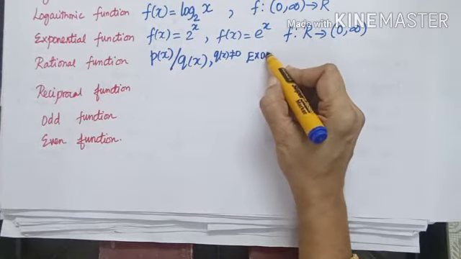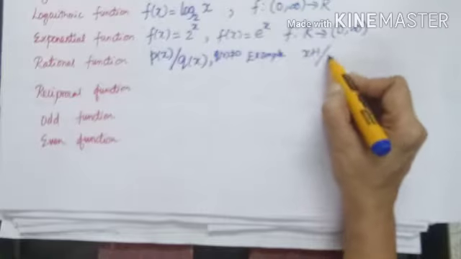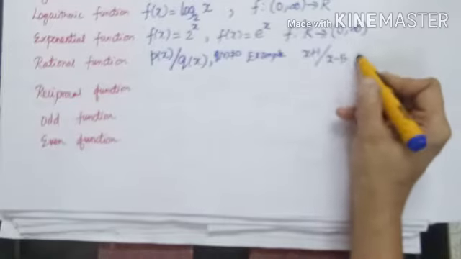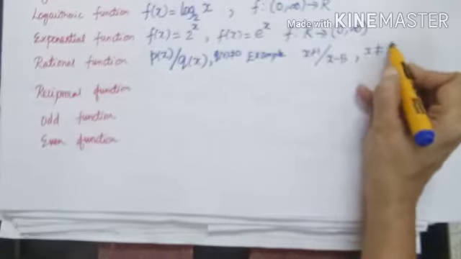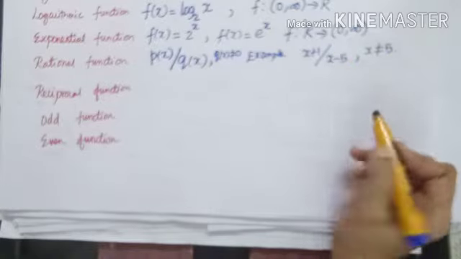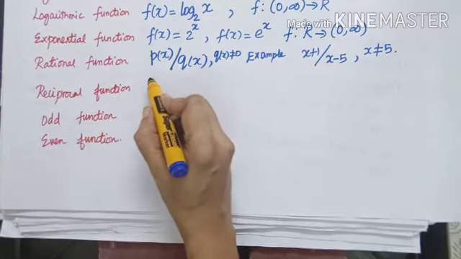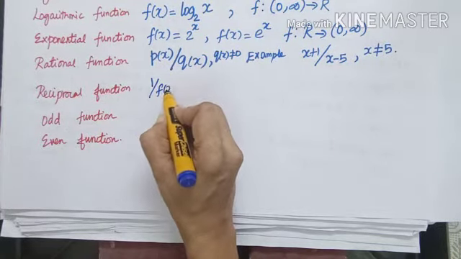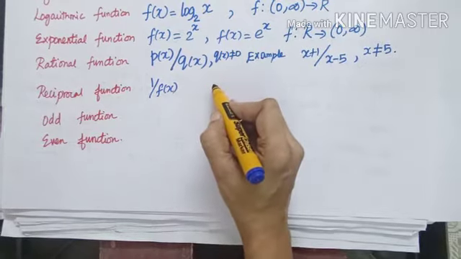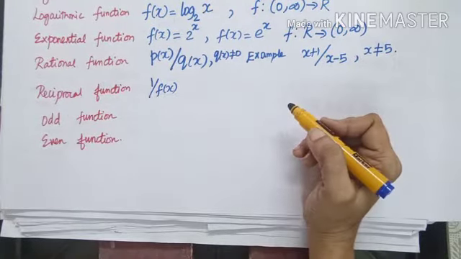Some example you can tell me, x plus 1 by x minus 5. Immediately I should write x not equal to 5 because the denominator should not become 0. Reciprocal function. It is just 1 by f of x like that. So 1 by x, 2 by x, all these things we will say reciprocal function.